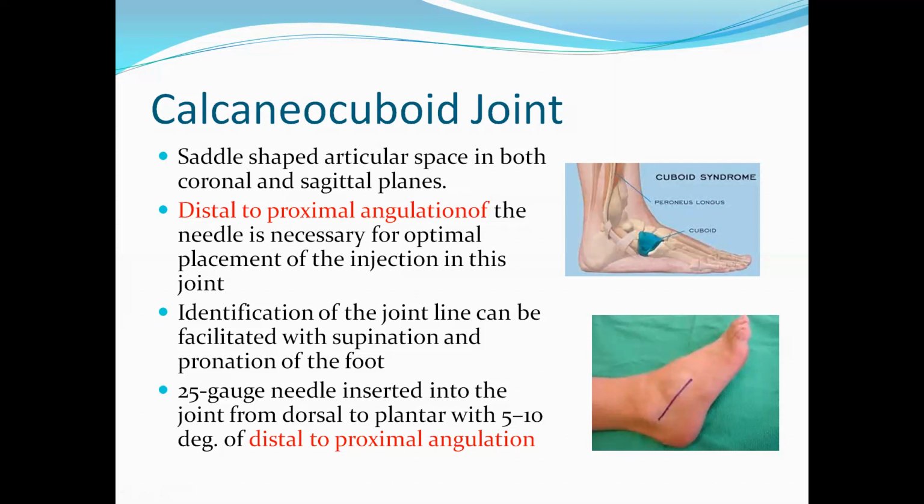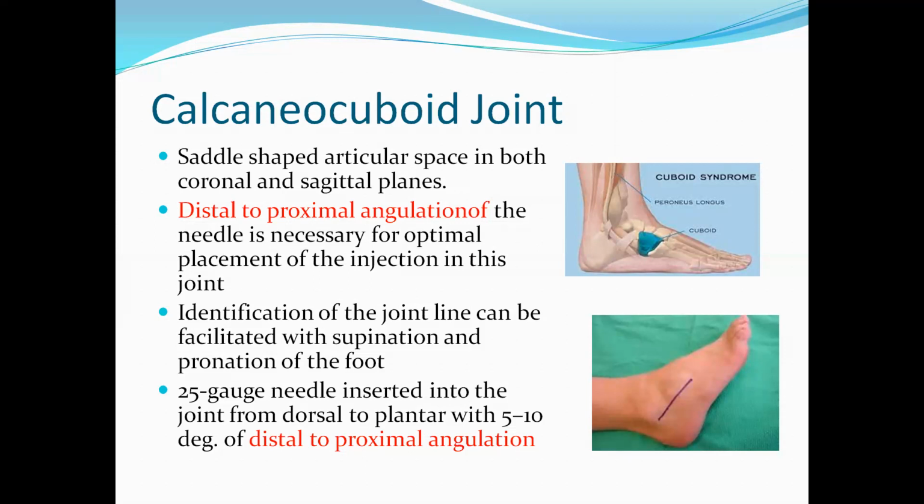You will get relative movement while doing passive supination and pronation of the forefoot. You can identify the joint line and inject with a 25 gauge needle inserted into the joint from distal to plantar with a 5 to 10 degree distal to proximal angulation.